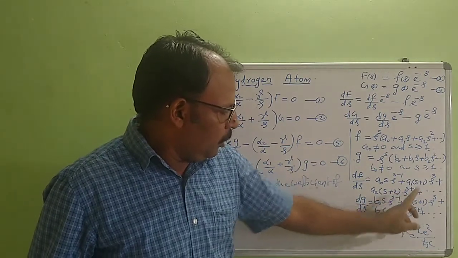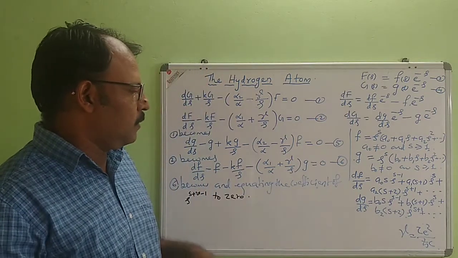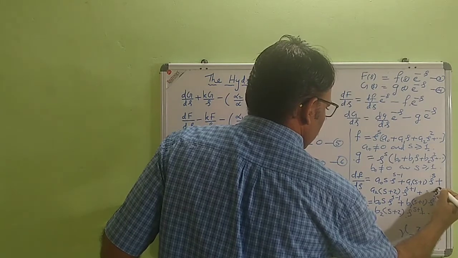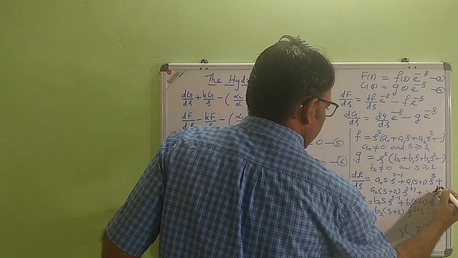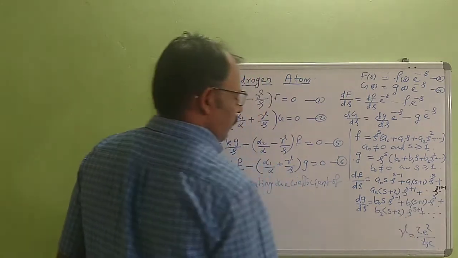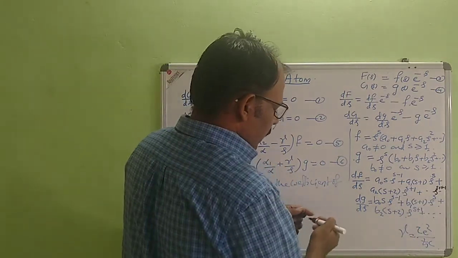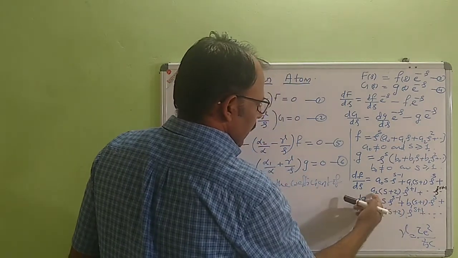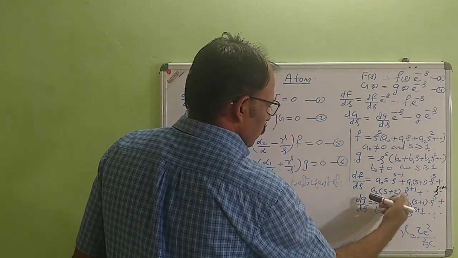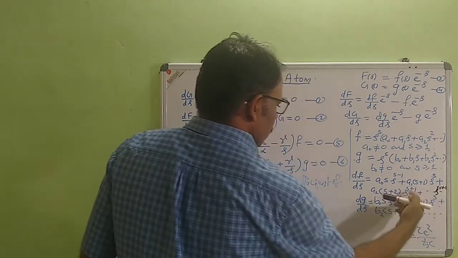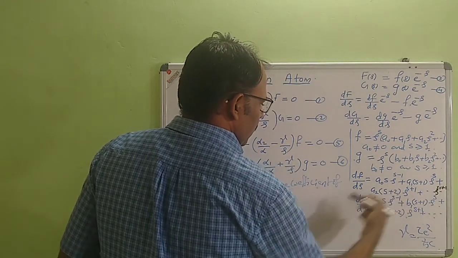For rho raised to S plus 1 we have a2 S plus 2. So if instead of 1 we have v minus 1, this is 2, so this will be S plus v.